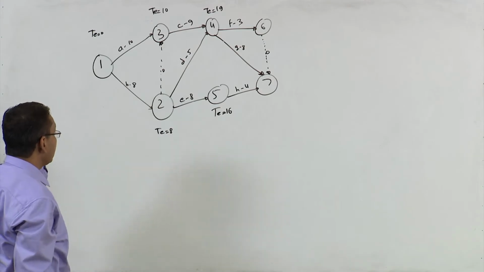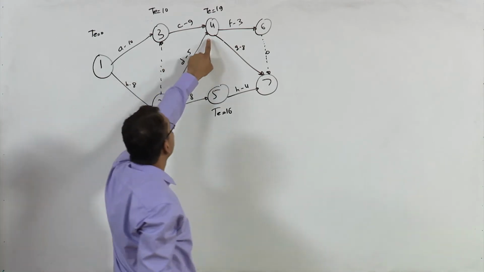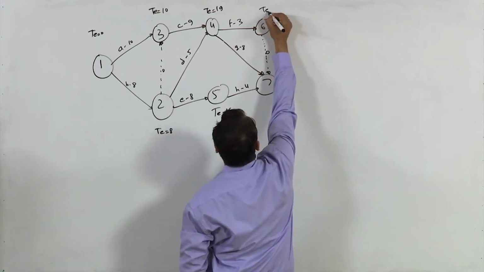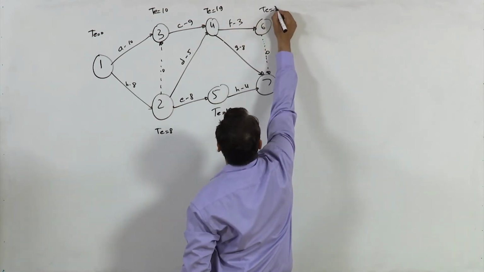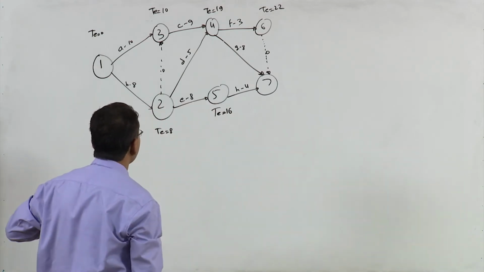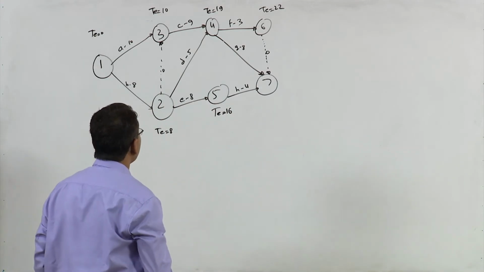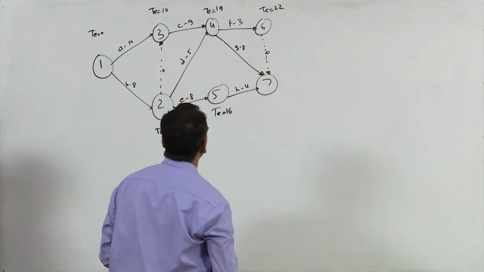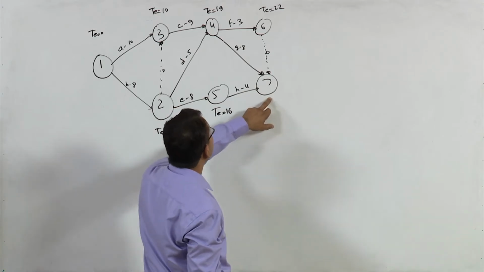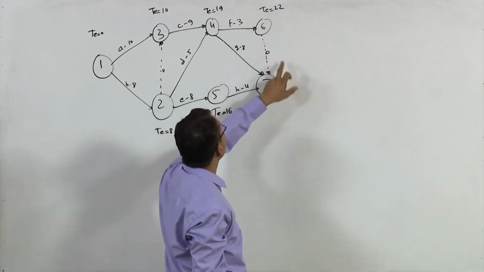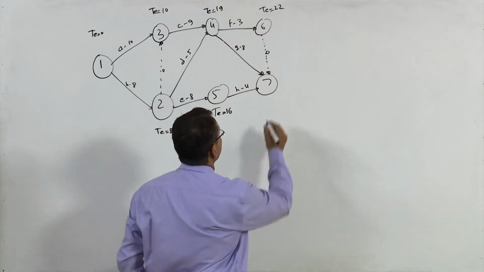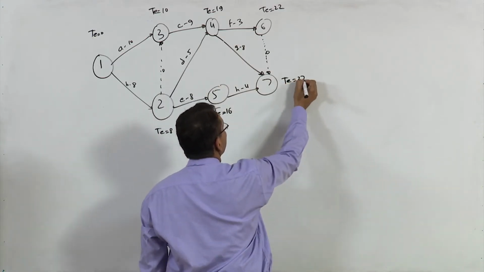When TE is 19 at this node, TE at this node is 22, right. And TE at node number 7 would be, now there are several possibilities: 16 plus 4 is 20, 22 plus 0 is 22 and 19 plus 8 is 27. So TE is 27, right.